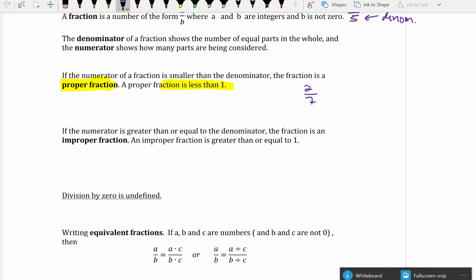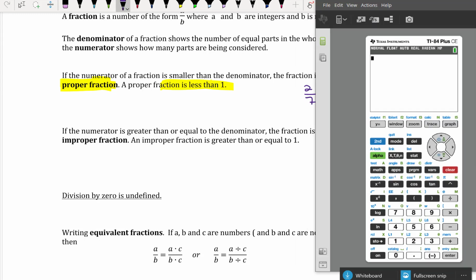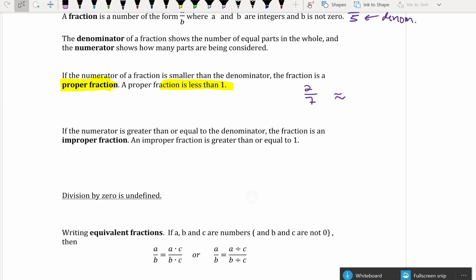If you look at the decimal approximation, if you bring up a calculator, which we are allowed in this class, 2 divided by 7 gives the decimal approximation of 0.2857, and that is definitely less than 1. Okay, so therefore it's going to be a proper fraction.